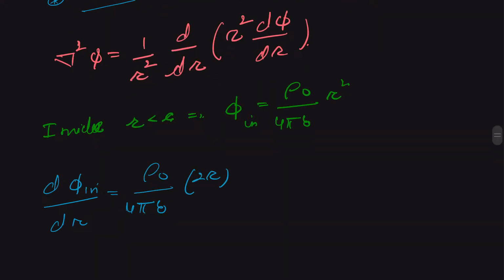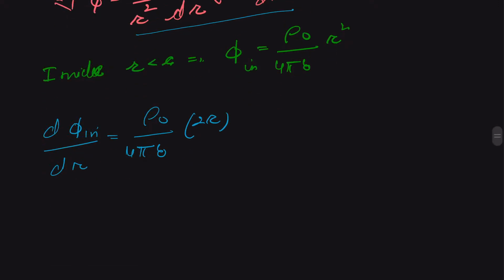We are interested in creating this equation, so now we multiply it by r square. Therefore we get r square times d phi in upon dr as rho naught upon 4 pi epsilon naught times 2r cube.